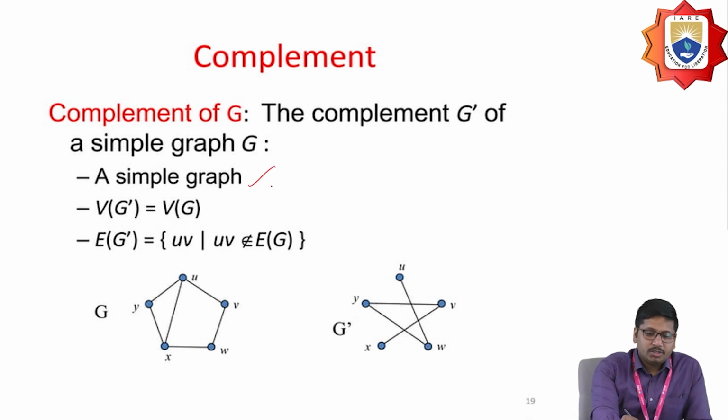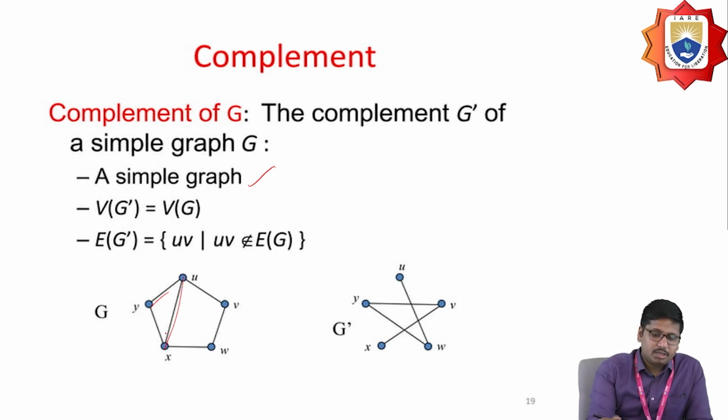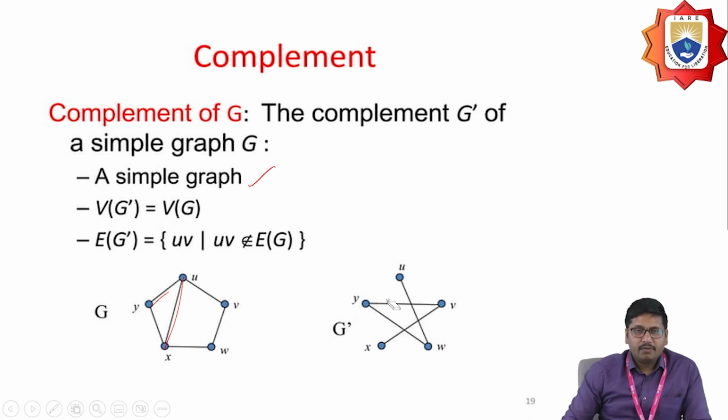If I consider a simple graph, the edges are quite opposite. The vertices are the same, but the edges are opposite. If there is an edge here, in the complement there should not be any edge between them. If I don't have the edge here, I will have the edge between them. This graph I call the complement.